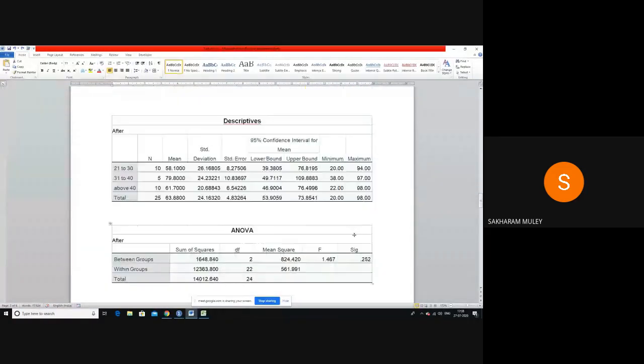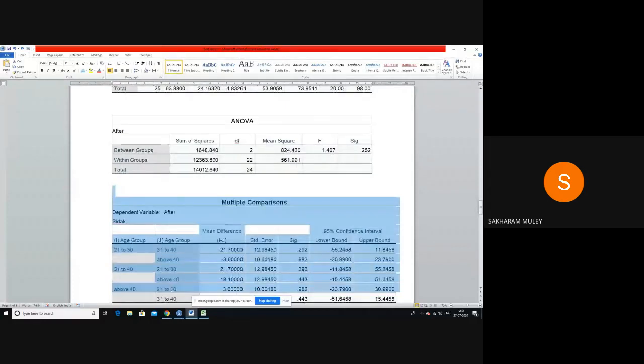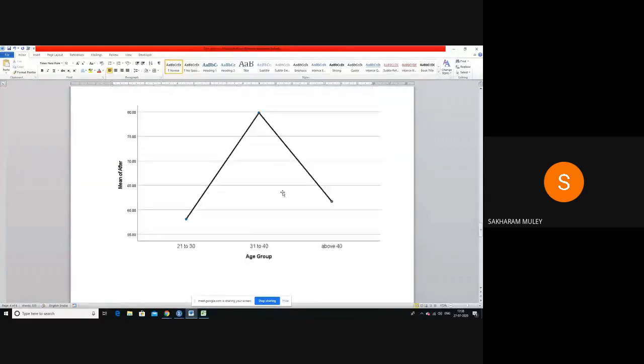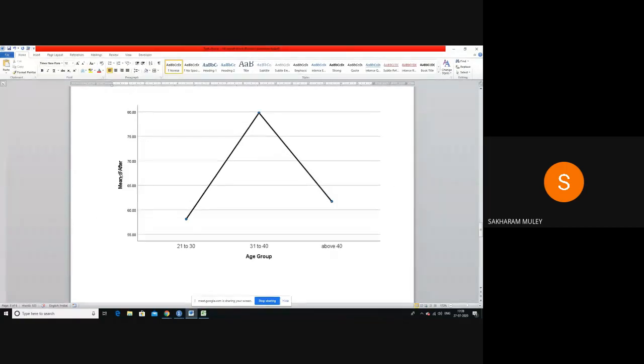If this is retained, then the multiple comparison test has no significance for the comparison. And here you get the means plot, which is nothing but the average: the mean of the 21 to 30 group, the 31 to 40 group, and the above 40 group, that is, the mean of after marks.